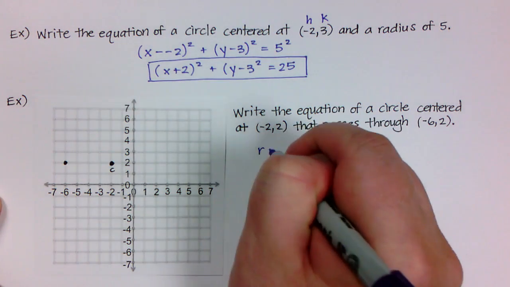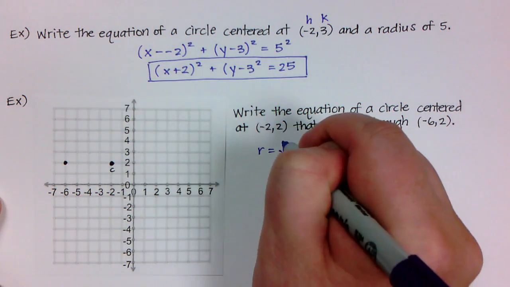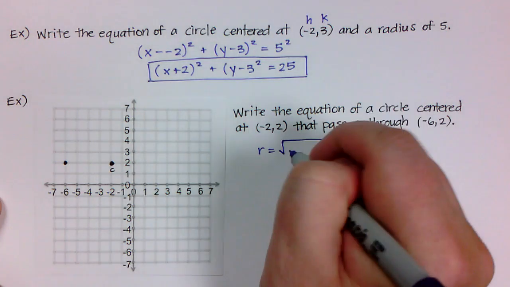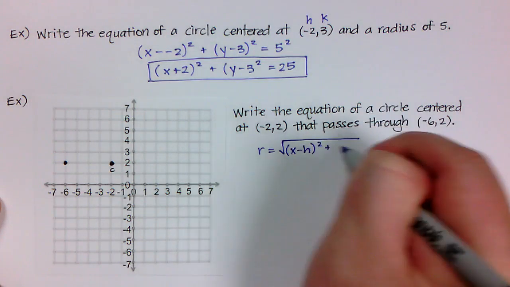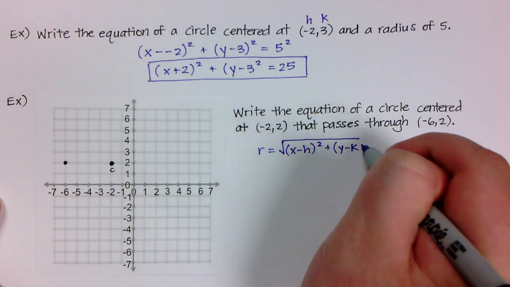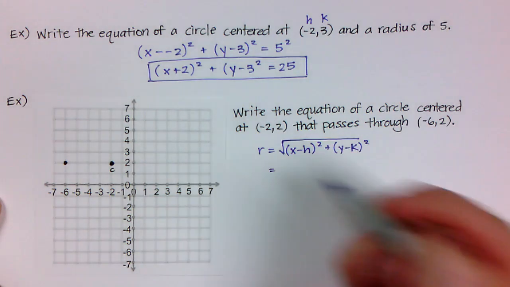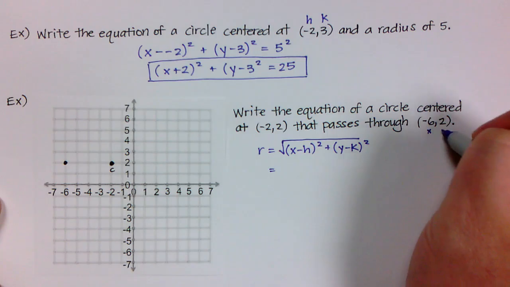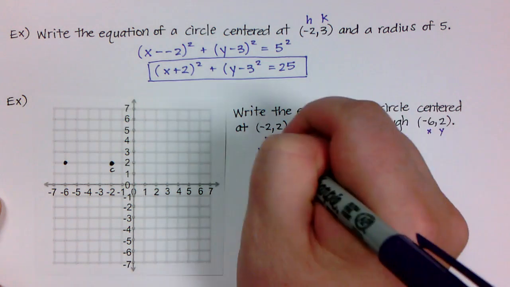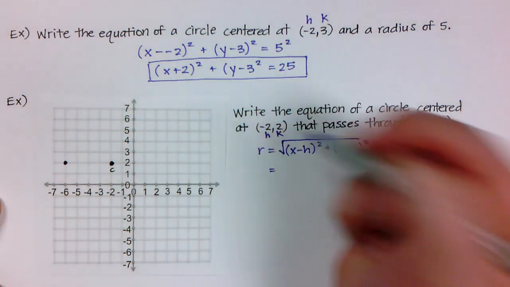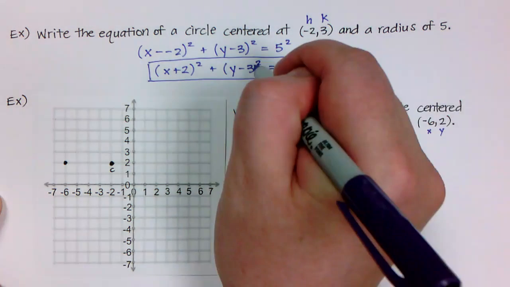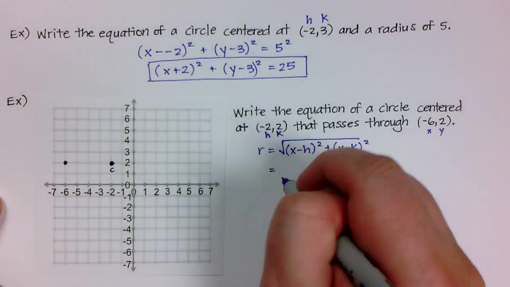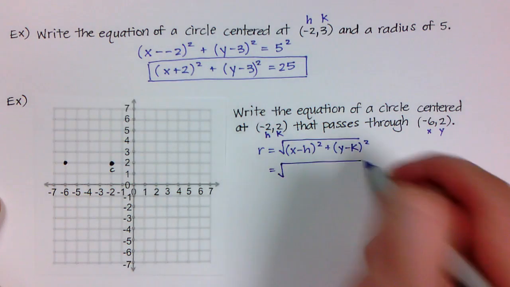We talked about taking the square root, and that formula was the square root of x minus h squared plus y minus k squared, where this is my x and my y, and this right here is my h and my k. So if I plug those in, I can find the radius and then have one more step to write the equation. So let's plug all of this in.